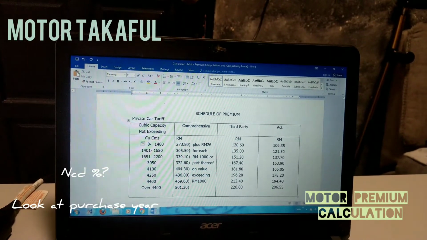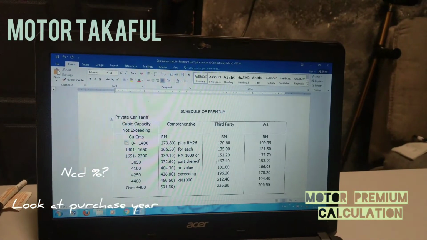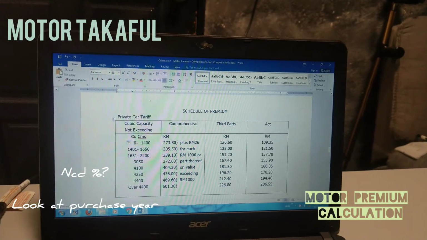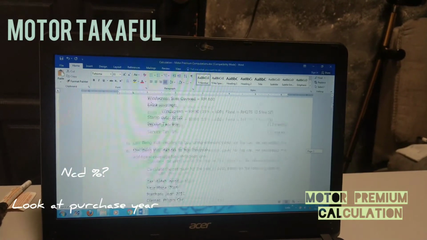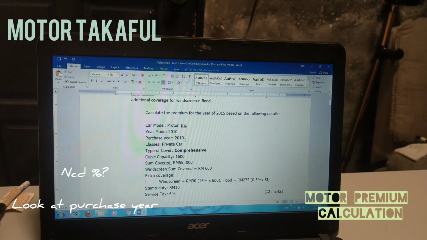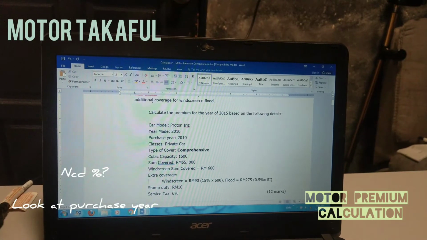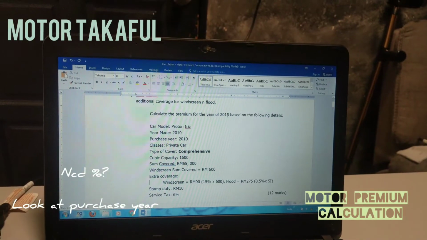How do I get this 55%? I got it from here. If you look at the question, the purchase year is 2010, and the question asks you to calculate the premium for the year 2015.